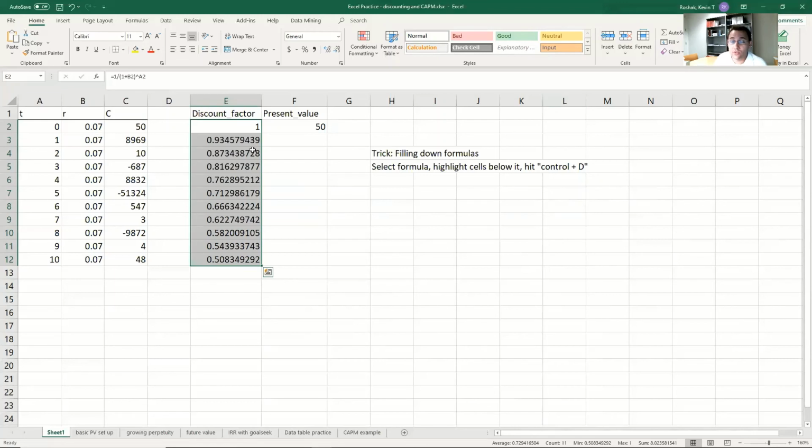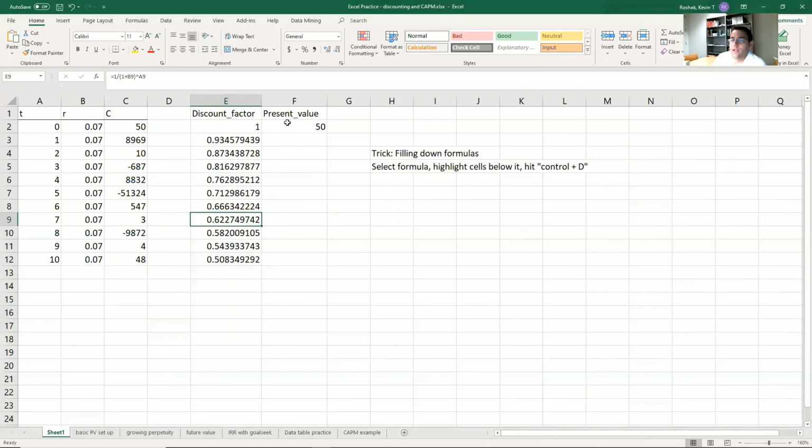The discount factor should be descending, right? As things go out in time, you're getting more and more of a discount on those future cash flows. They're just worth less to you the further out they are in time. So that's a good check. We start with a discount factor of 1, so no discount. Now at time 1, each cash flow is only worth 93 cents on the dollar. You go down to time 7, those cash flows are only worth 62 cents on the dollar.